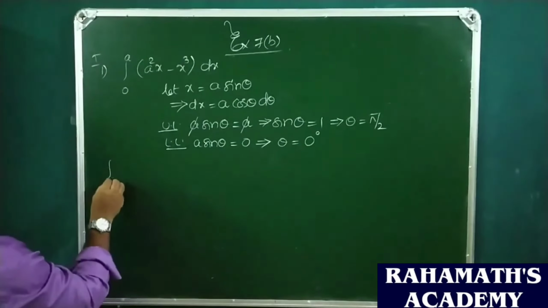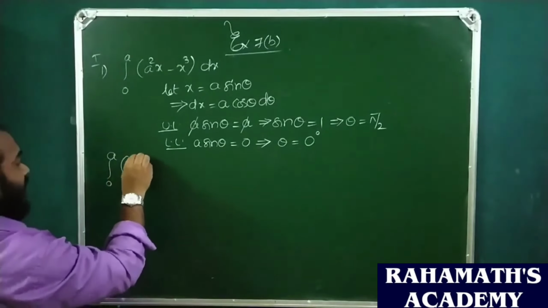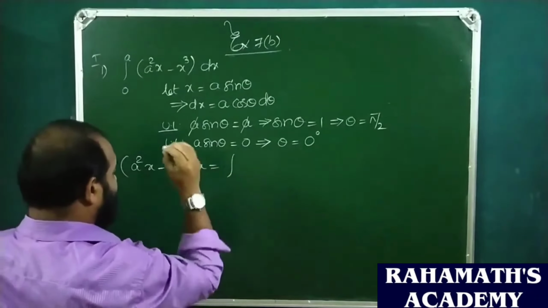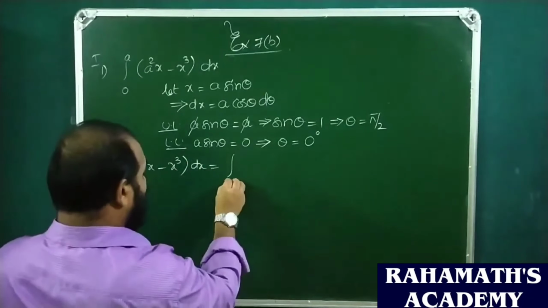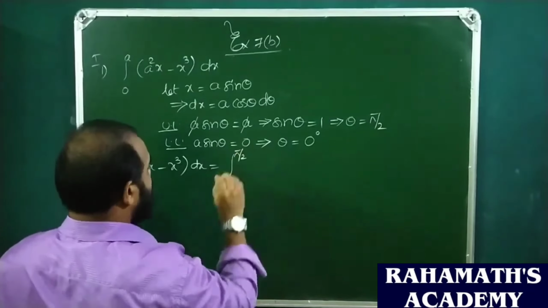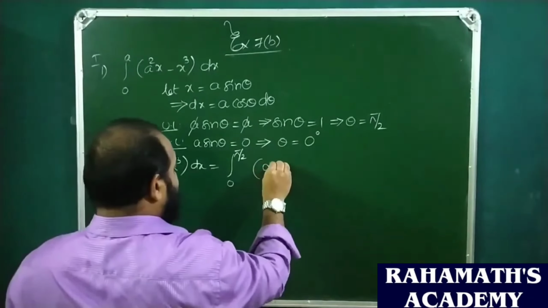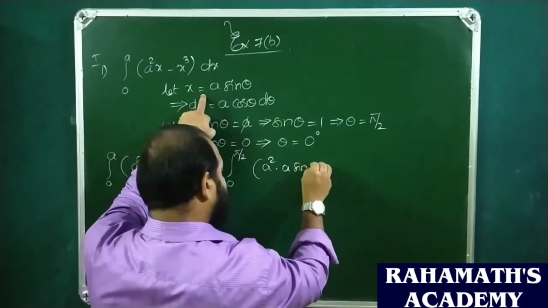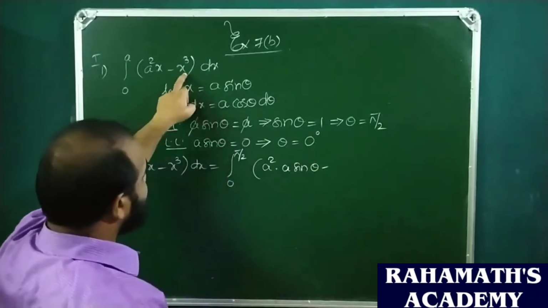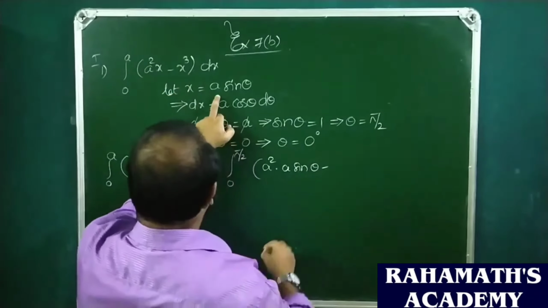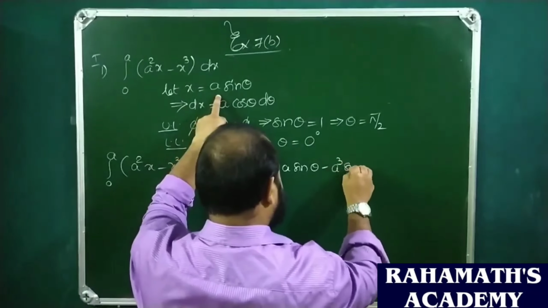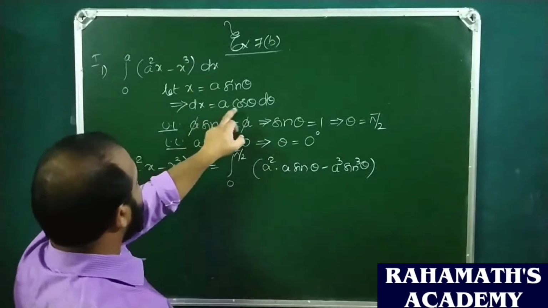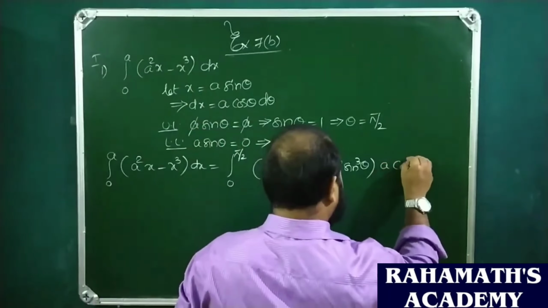Now, integral 0 to a of x squared times (a minus x) cube dx is equal to integral 0 to pi by 2, a squared x is a sin theta, minus x cube is a cube sin cube theta, dx value is a cos theta d theta.